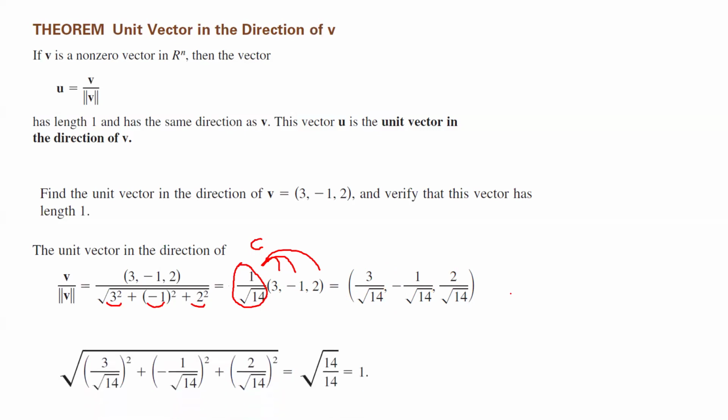Because if I take the square root of 3 divided by square root of 14 to the second plus -1 over square root of 14 to the second plus 2 over square root of 14 to the second, it becomes 9 plus 1 plus 4, which is 14. So you have square root of 14 divided by 14, which is square root of 1. And as you know, square root of 1 is equal to 1. So this guy indeed is a unit vector.